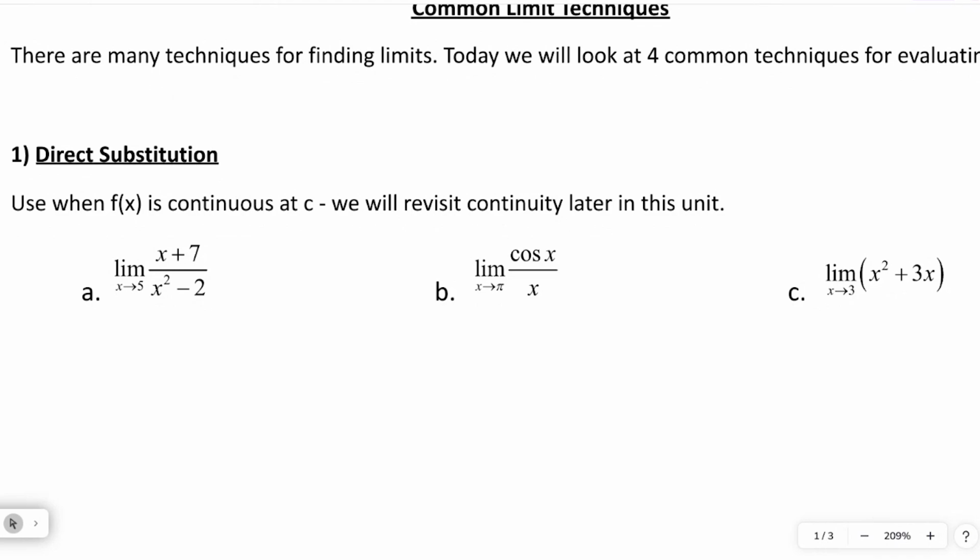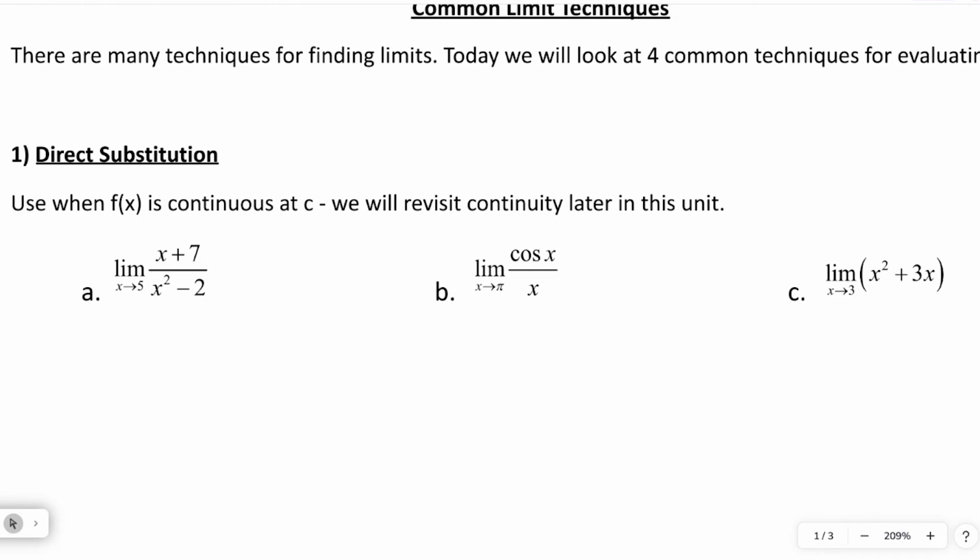This is what you hope to happen. If you can plug in the number and you get a value, more than likely that's your limit, unless you have some kind of piecewise function or jump function or something weird happening.